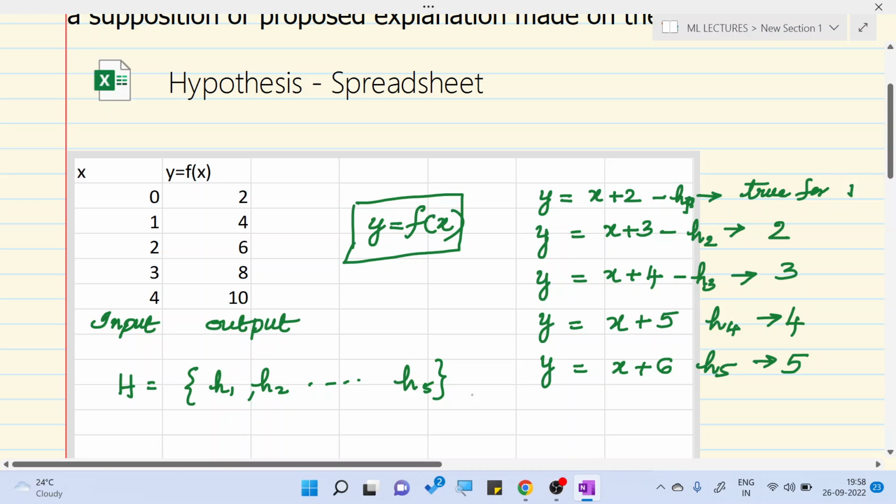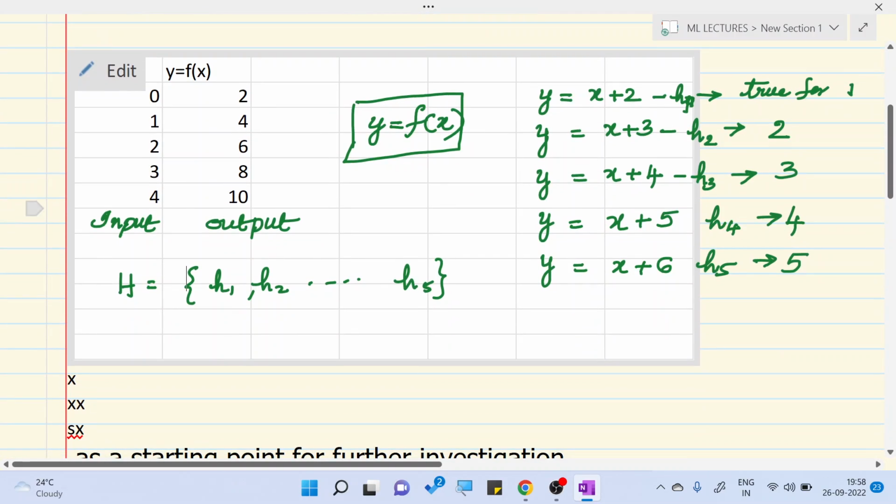I can propose still more hypotheses. For example, seeing that example, I can propose y is equal to 3 into x. That is true only for training example number 3. That may be h6.